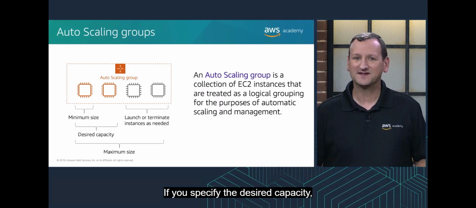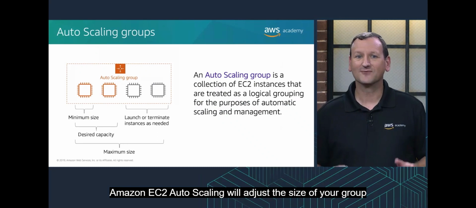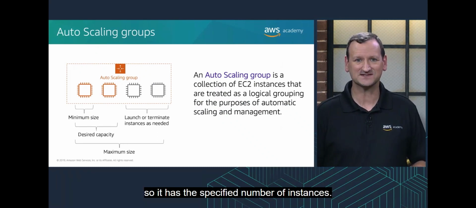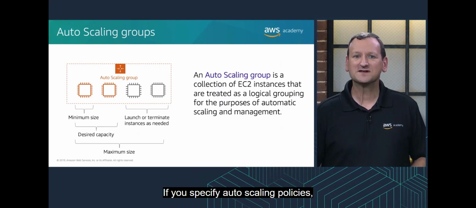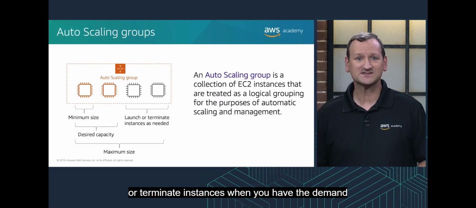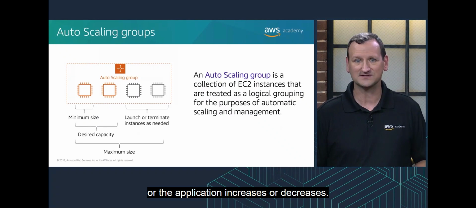If you specify the desired capacity, either when you create the group or anytime afterwards, Amazon EC2 Auto Scaling will adjust the size of your group so it has the specified number of instances. If you specify Auto Scaling policies, then Amazon EC2 Auto Scaling can launch or terminate instances as the demand on your application increases or decreases.